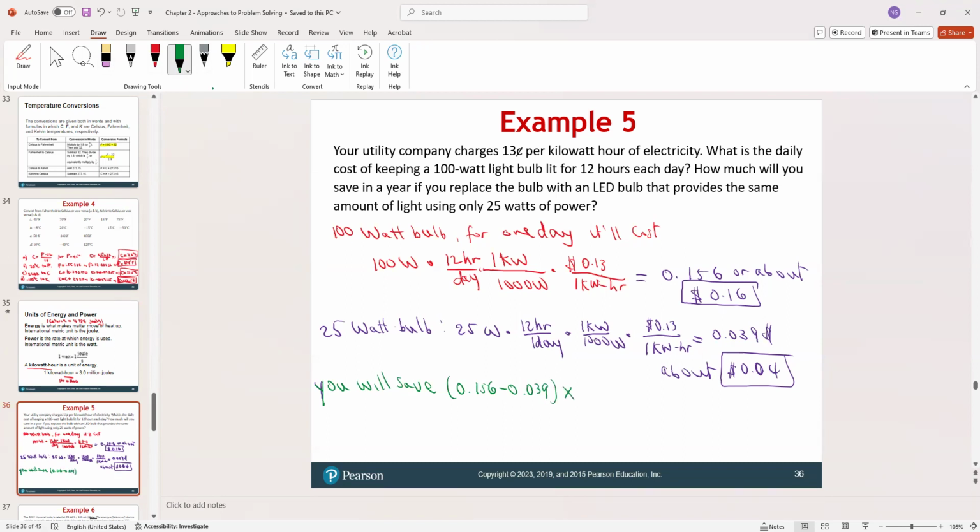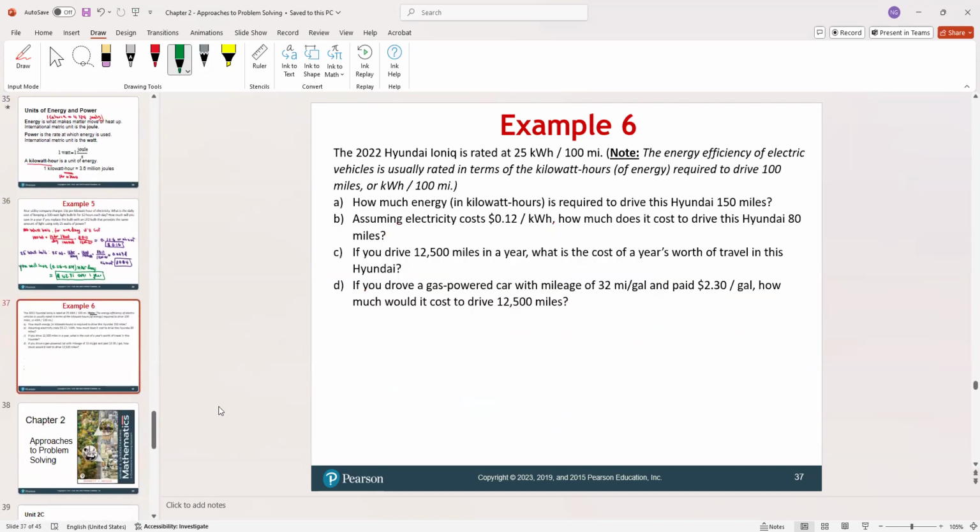And you're going to multiply it with 365 days because they said for 1 year. That was for one day, if you do it for 1 year. So that would be what you would save, $42.71 over a year. Okay? If that's okay with you, it's okay with me. So definitely, I'm fine with that.